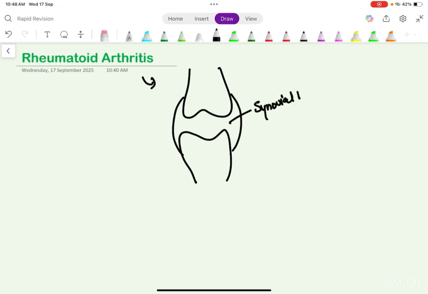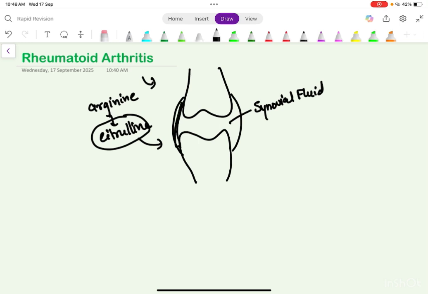Now in this, arginine is converted into citrulline. This citrulline is responsible for the proliferation of the synovial cells, and then the synovial membrane gets thickened.